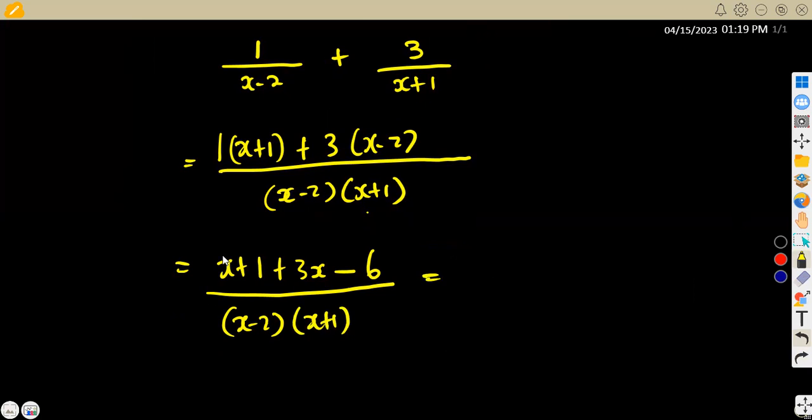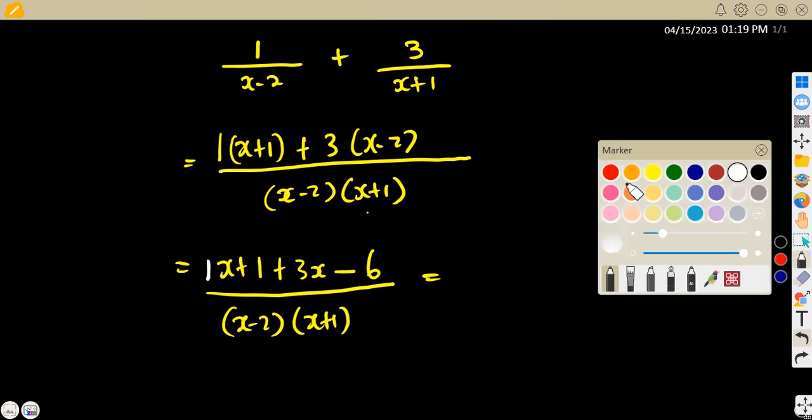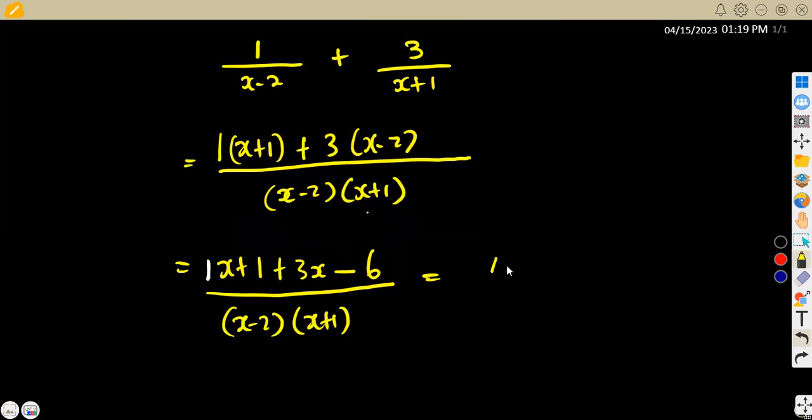Collecting like terms, we've got x, which is the same as 1x, so 1 plus 3 gives 4x. Then 1 minus 6 is negative 5, everything over x minus 2 into x plus 1.